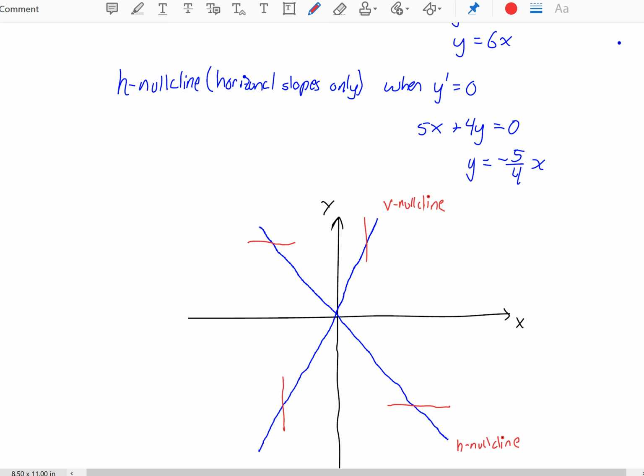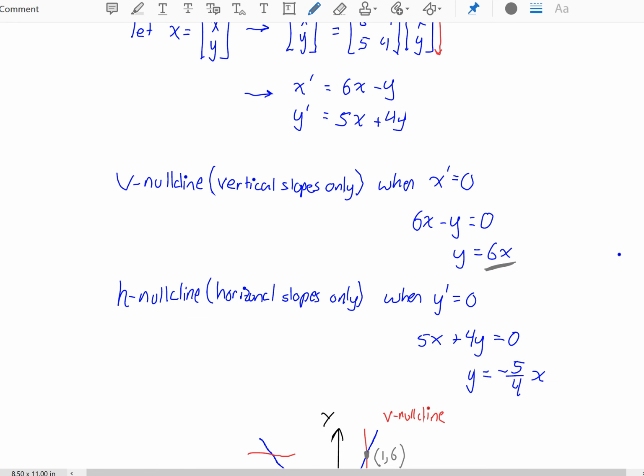Now let's determine the actual direction of movement on these lines. And the way we do this is we pick a test point. Imagine a point on this line might be the point where x is 1, and if x is 1, y is 6. Now if you plug the ordered pair 1, 6 into your x prime equation, 1 for x and 6 for y, this ends up being 0.